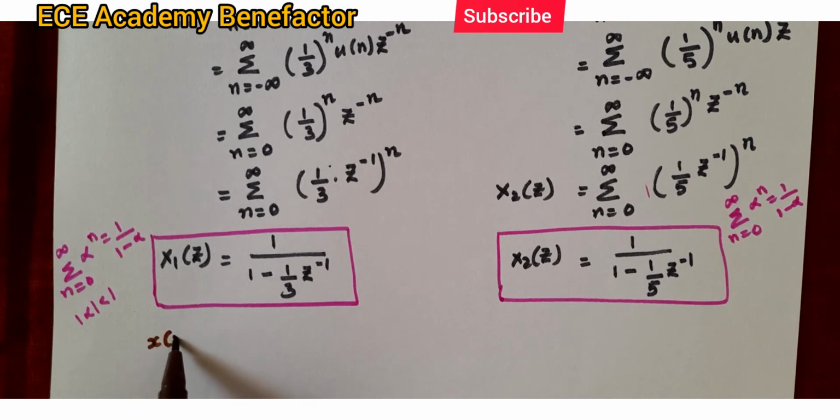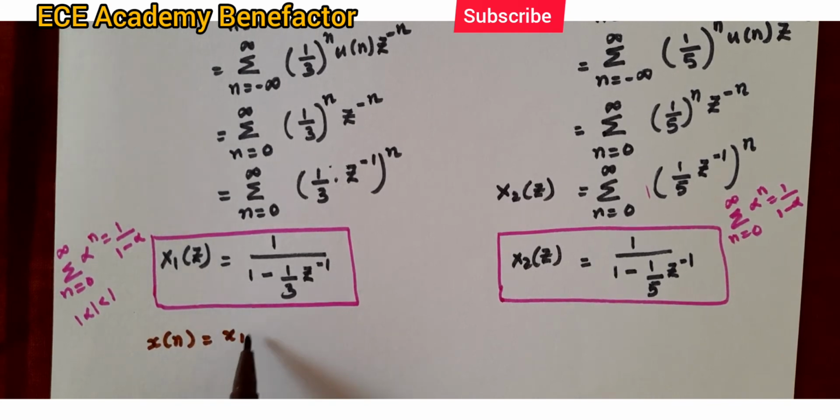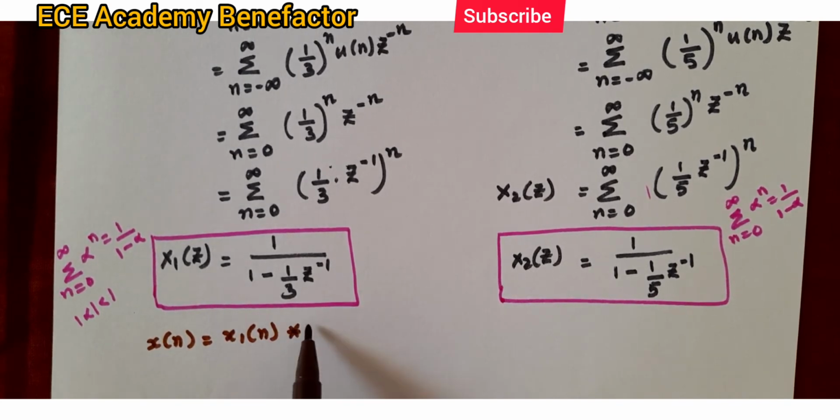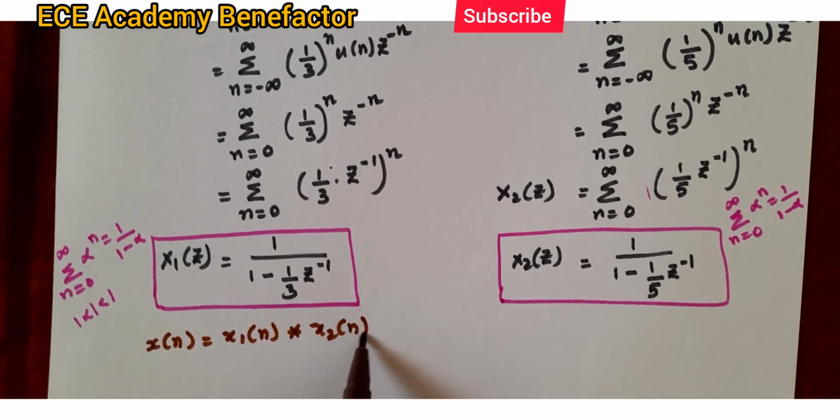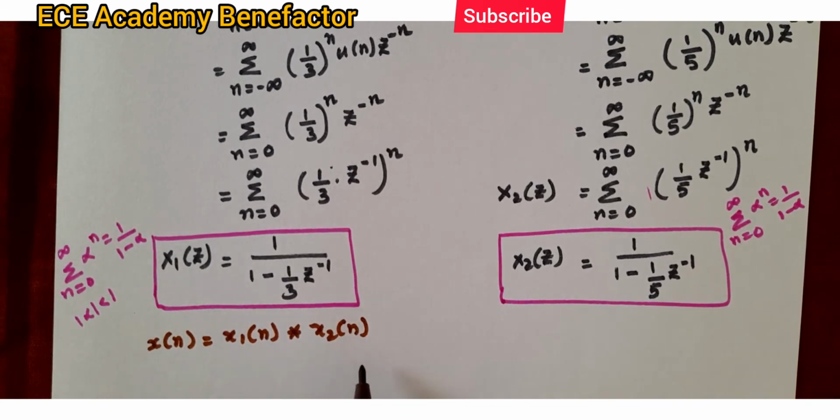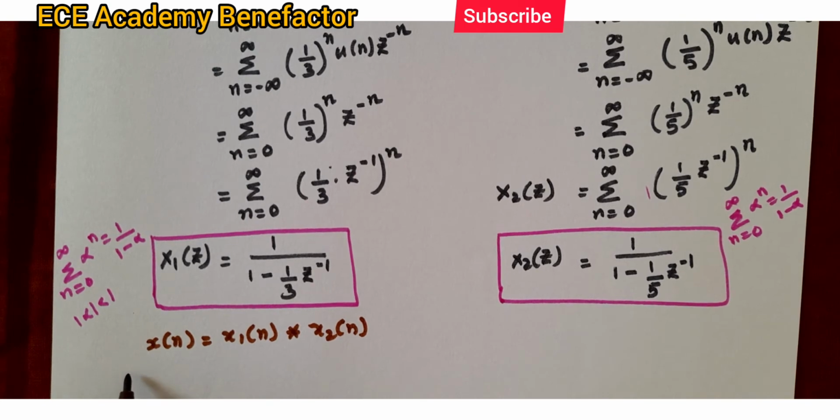If x of n is equal to x1 of n star x2 of n, this is known as the convolution property for z transform.